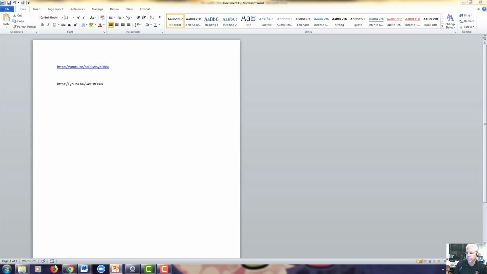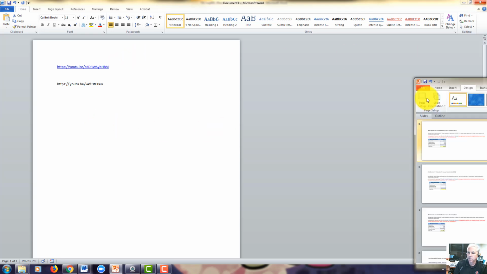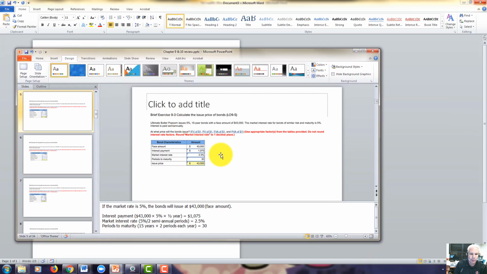So when you want to look at that, I'm going to bring this over for you so you could see this. If the market rate is 5%, the bonds will issue at 43. The interest payment would be 43 times the 5% times half a year, or 1,075.